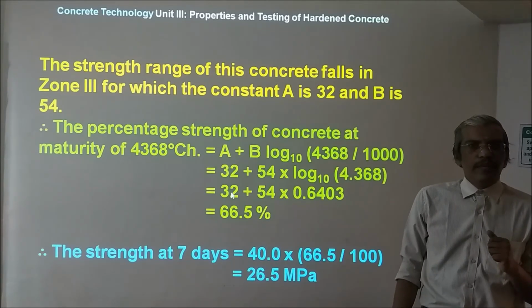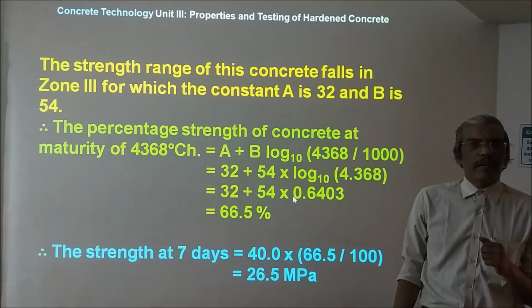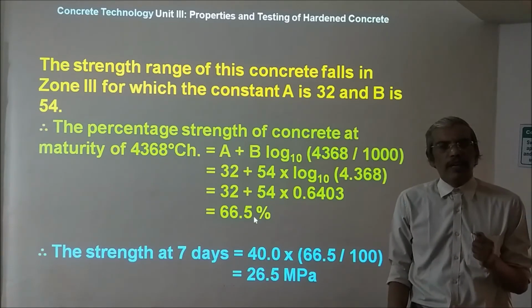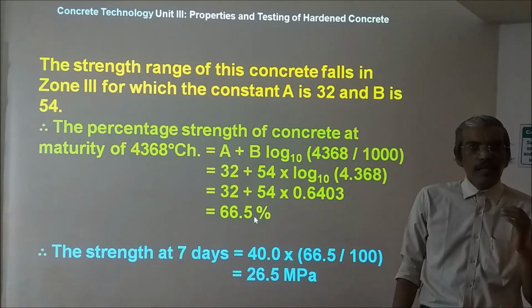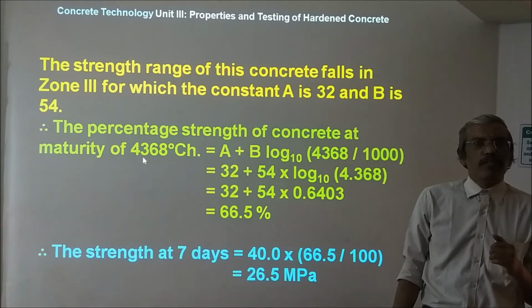So 32 plus 54 multiplied by log to the base 10 of 4.368, which is 0.6403. So 32 plus 54 multiplied by 0.6403 comes to 66.5%. This is the percentage strength of the concrete at the maturity of 4368 degrees centigrade hours.